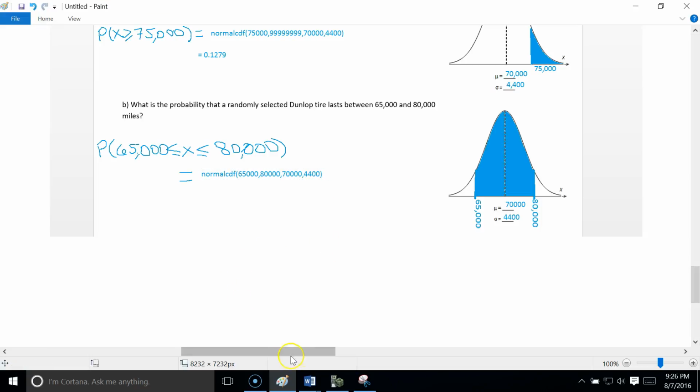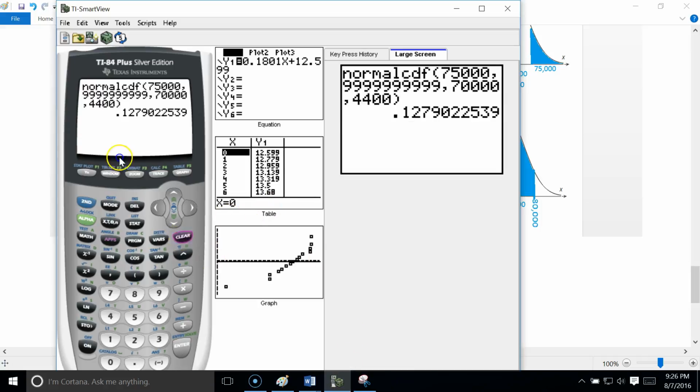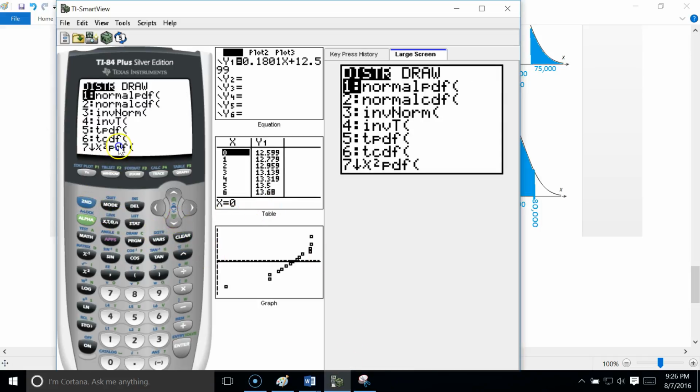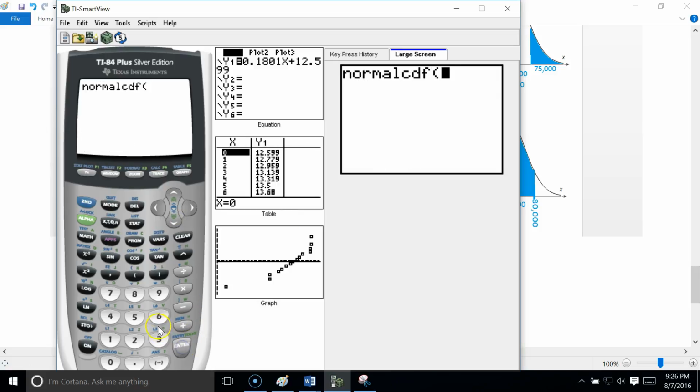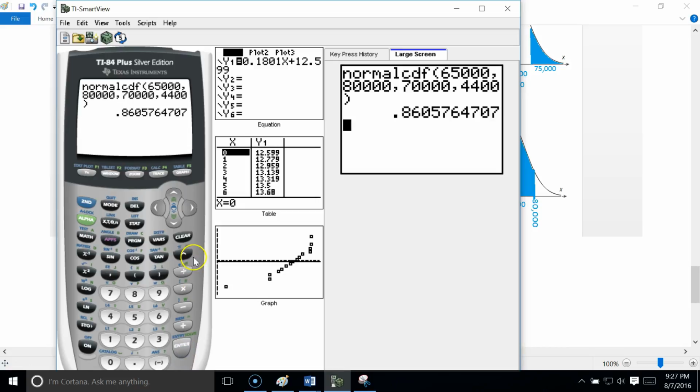Okay, so let's go to our calculator and figure out what that is. So I'm getting approximately 0.8606.